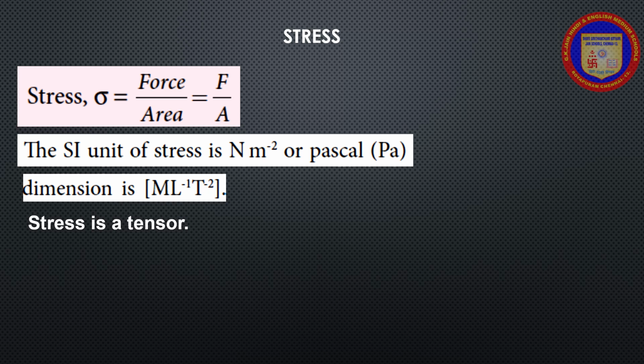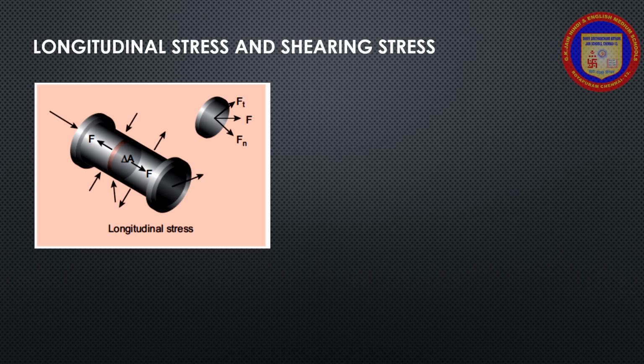The force per unit area is called stress. The formula is stress sigma equals force by area, which is F by A. The SI unit of stress is Newton per meter square or Pascal. The dimensional formula is M L^-1 T^-2. Stress is a tensor.